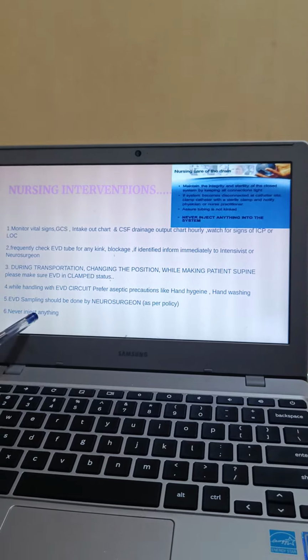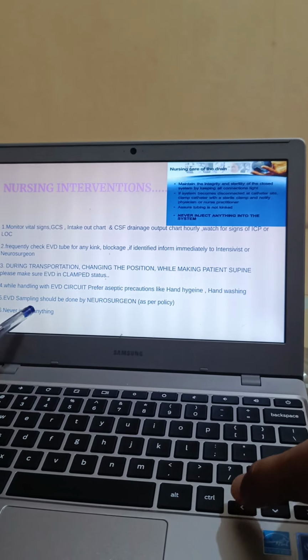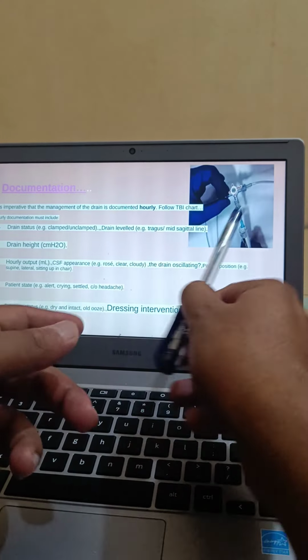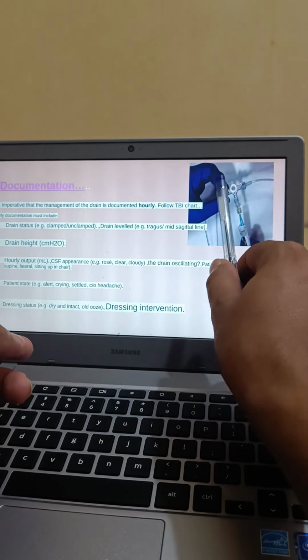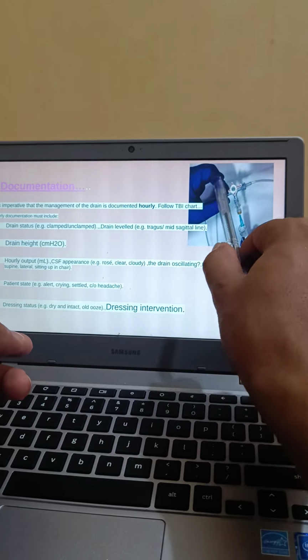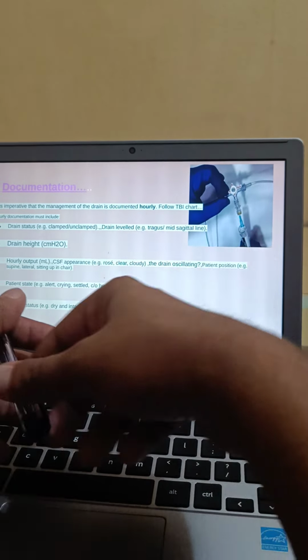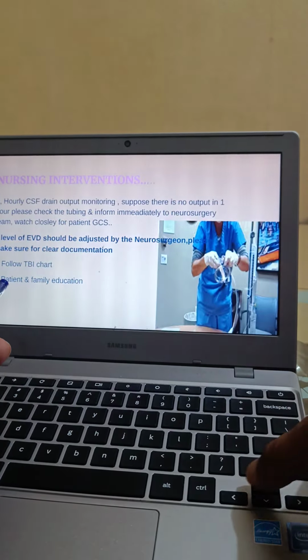We are not supposed to inject anything into this, because we don't know the pressure, so it should be done by the doctors.